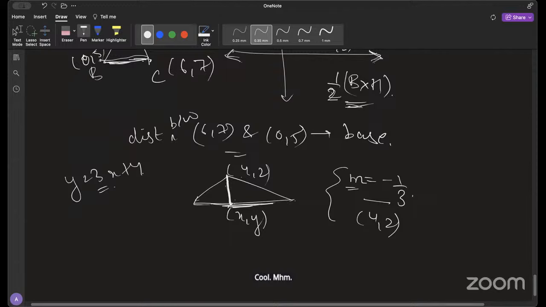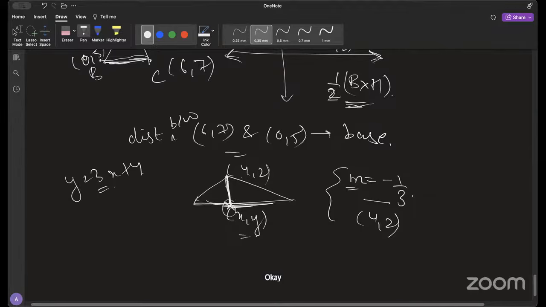Then you can find the intersection of these two lines, so you'll have this point (x, y).